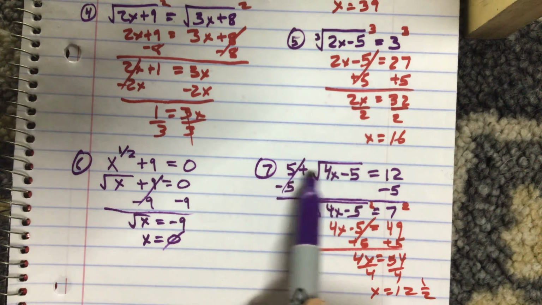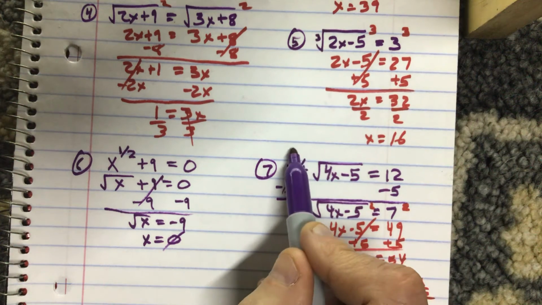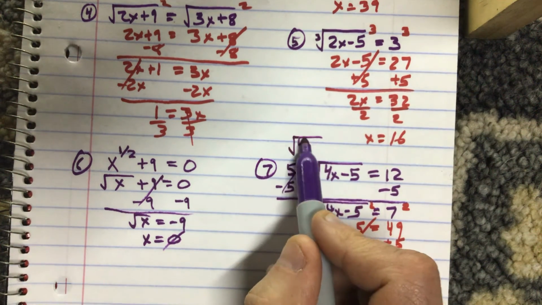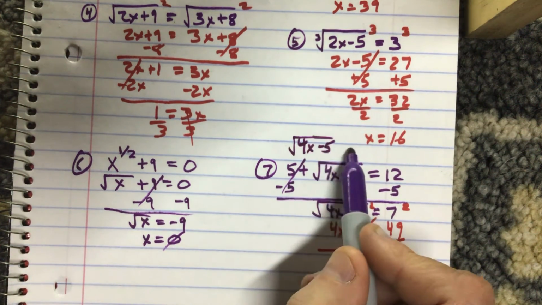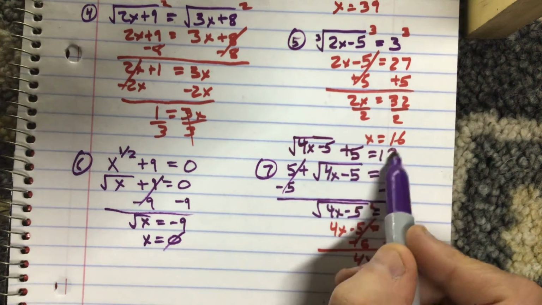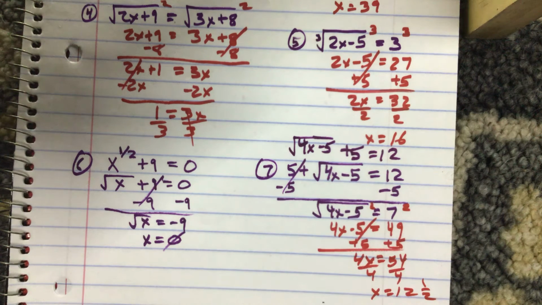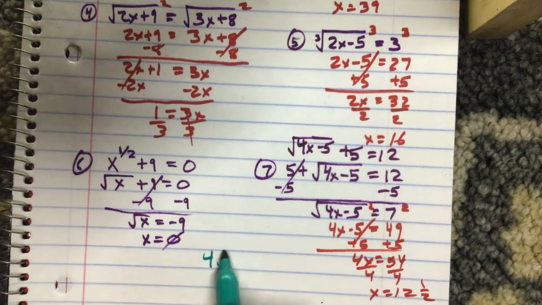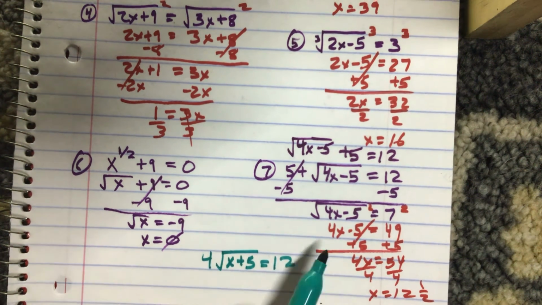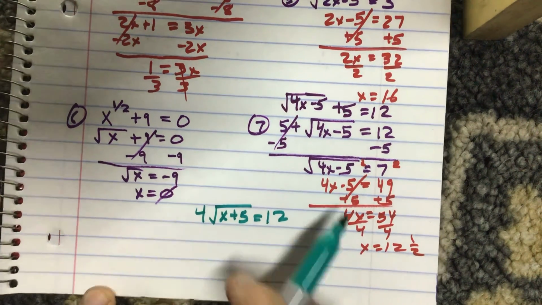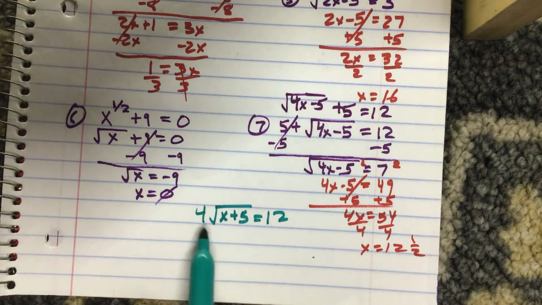Okay, and this is the last one. I just want to point out, the 5 could have been on the other side. It could also have said radical 4x minus 5 plus 5 equals 12. Same thing. You still subtract 5 from both sides. And the last one is like this. 4 radical x plus 5 equals 12. This is a multiplication problem.